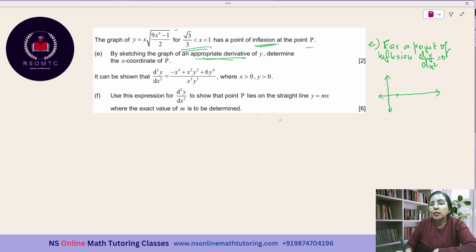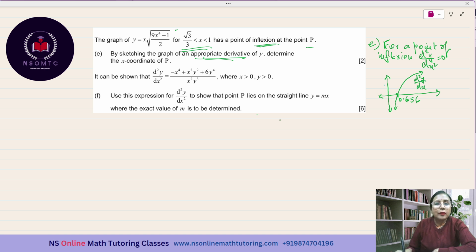This is 0.656, and the graph will be going this way. This is the second derivative, d2y by dx square graph.